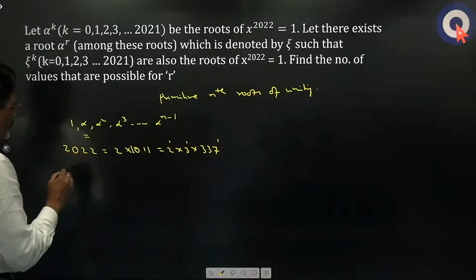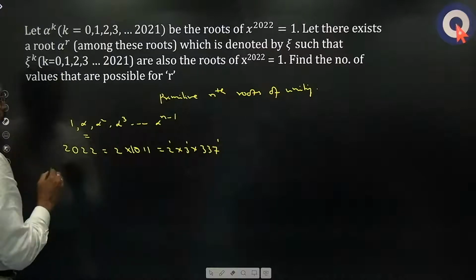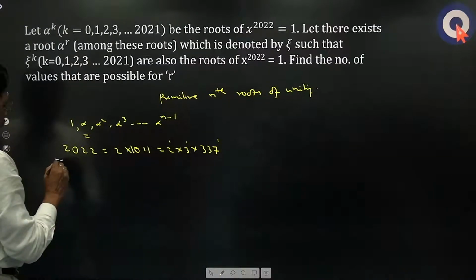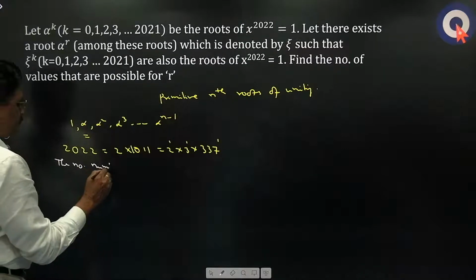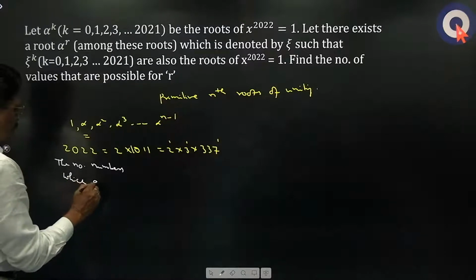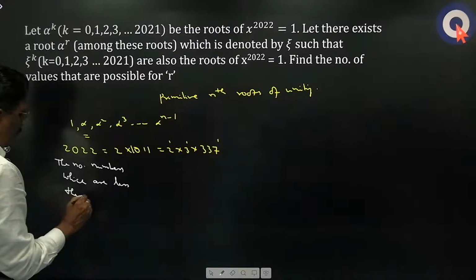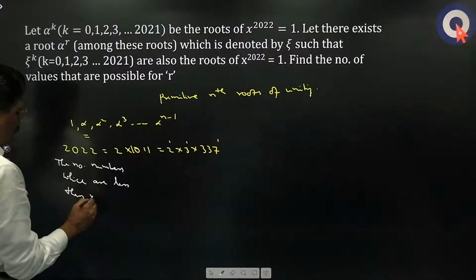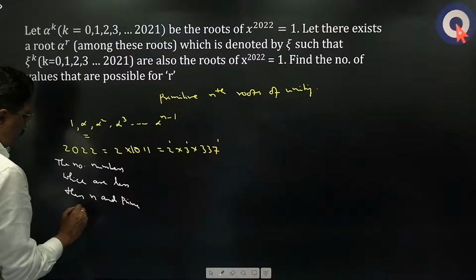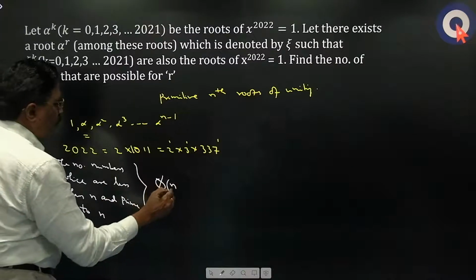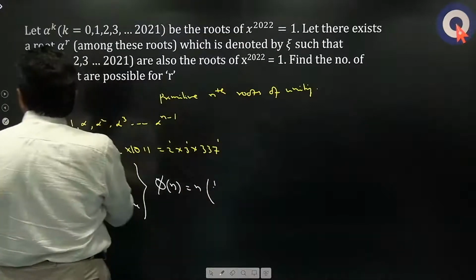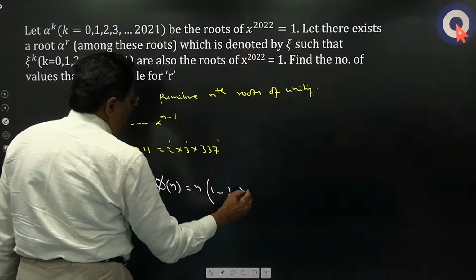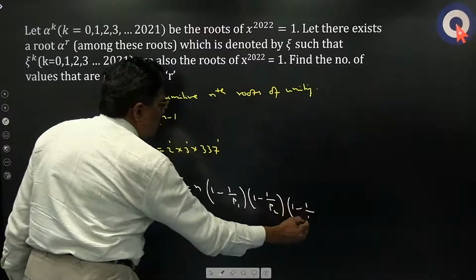Then the number of numbers which are less than n and prime to n, you know this, it is phi n is equal to n into 1 minus 1 by p1 into 1 minus 1 by p2 into 1 minus 1 by p3 and so on.